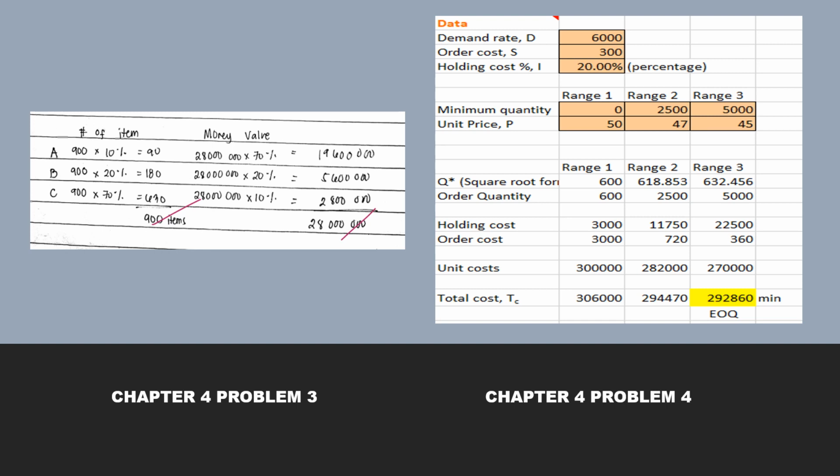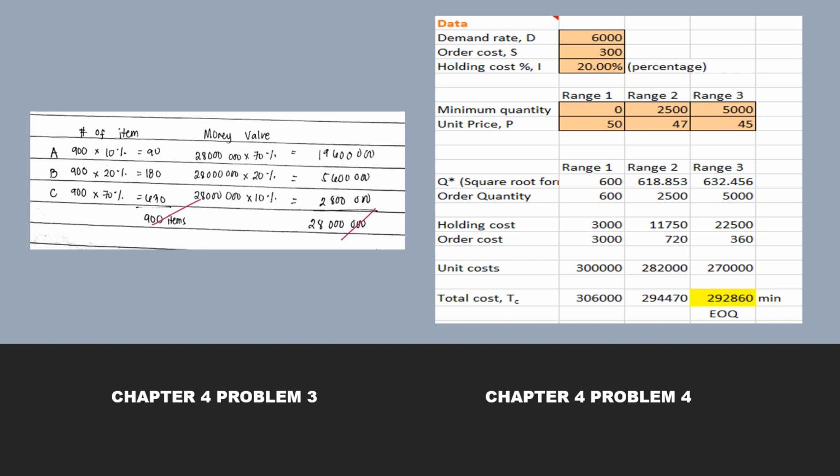For problem 4, we have Miss Juhaira. Again, quantity discount. For problem 4, just simply get the EOQ for each price range and then determine the cost for each: the holding cost, the order cost, and the unit cost.